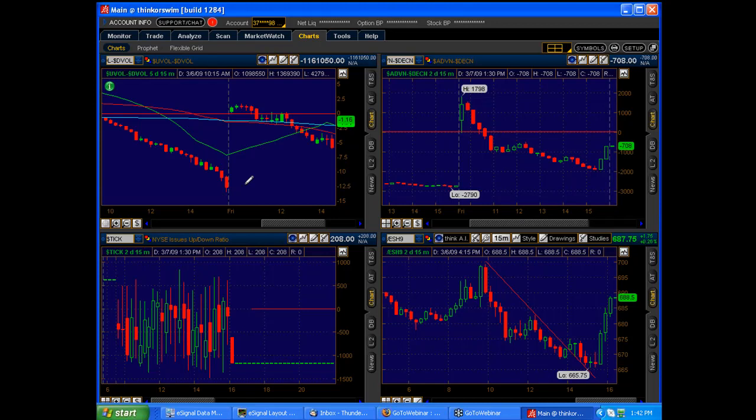That's all you can do. But in general, the predictive capability of the breadth, the relationship between the up volume and down volume on the New York Stock Exchange, is very, very strong in terms of predicting how the broad market's going to go.